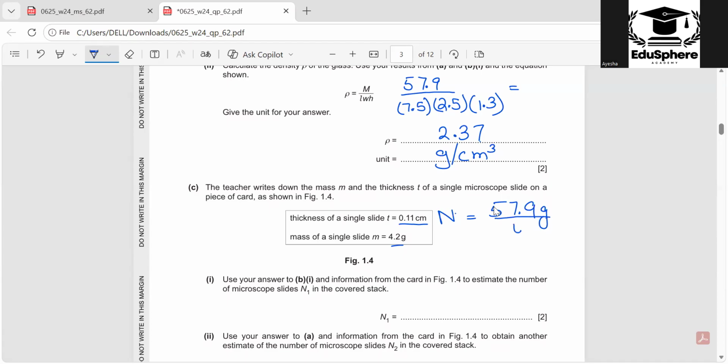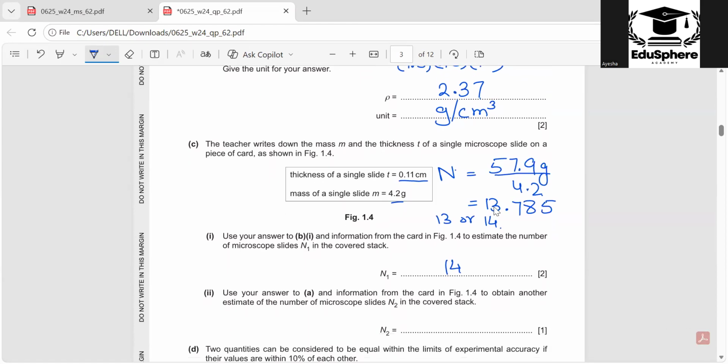So we divide 57.9 by 4.2, and we get the value as 13.785. If we round it to the nearest whole number, the number of slides would be 14. It might be 13 or 14, but we will take it as 14 this time.